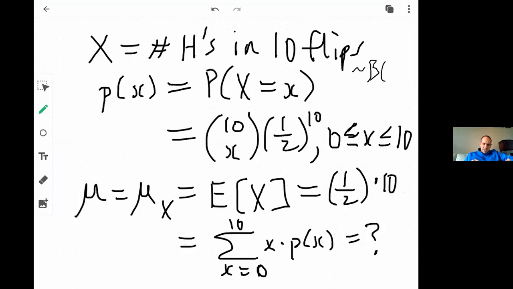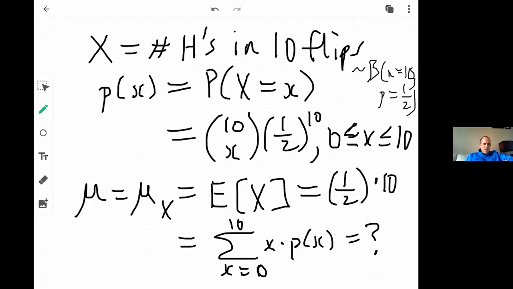What's n? n is 10. And what is P? The proportion of success is 1/2. So that's a binomial with n equal to 10 and P equal to 1/2.